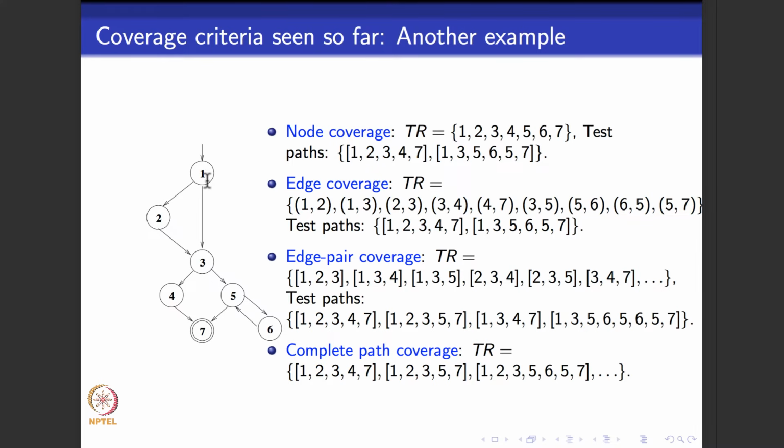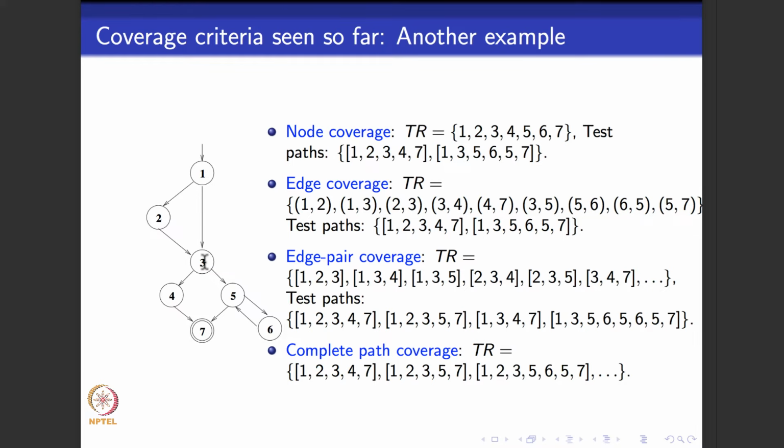In this test path, how many nodes have I visited? I have visited 5 of my 7 nodes: 1, 2, 3, 4, and 7. What are the nodes that are left behind? 5 and 6. So I have to write another test path which includes that. Because it's a test path, I have to begin from an initial state and end in a final state. So I begin at node 1, then I go to 3.